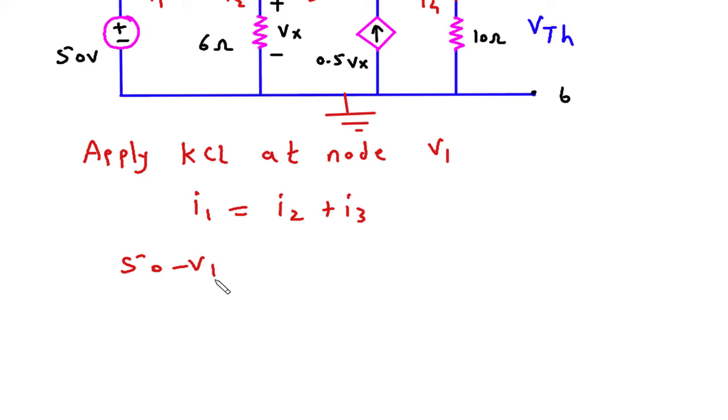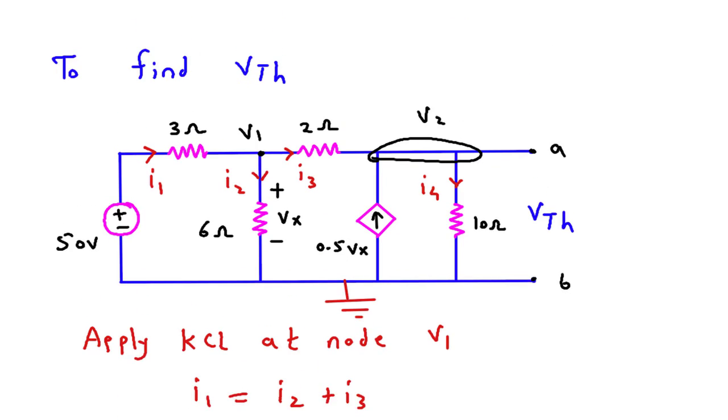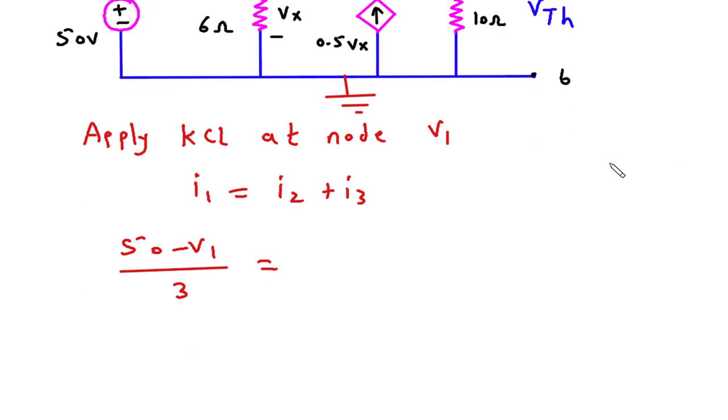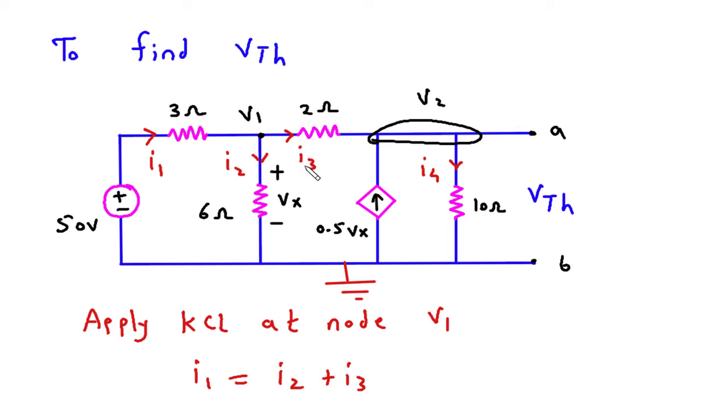This is equal to I2, which is V1 minus 0 by 6, plus I3. I3 is V1 minus V2 by 2.